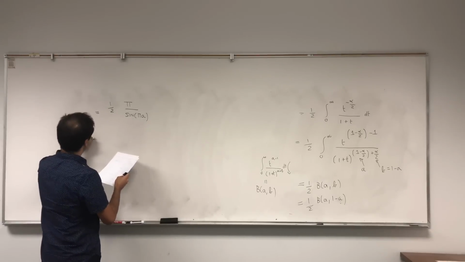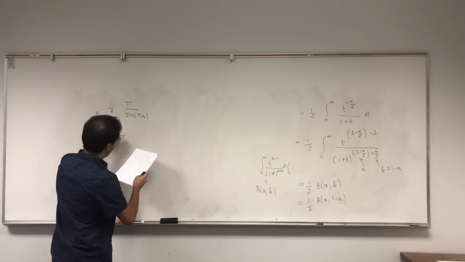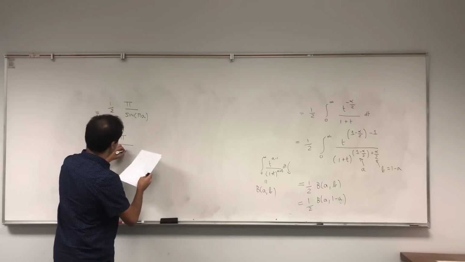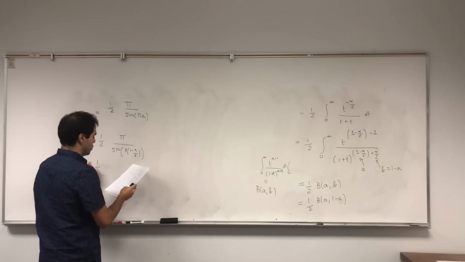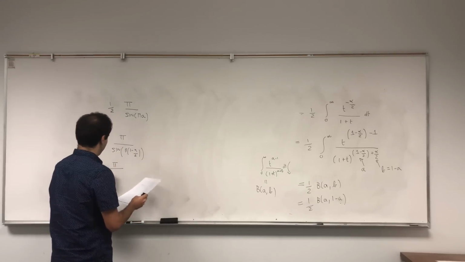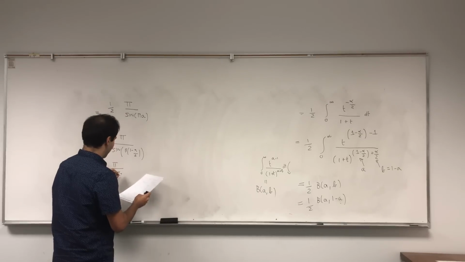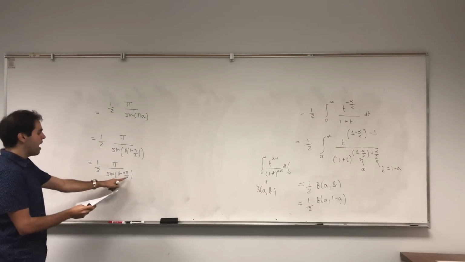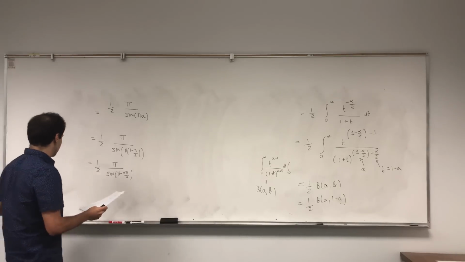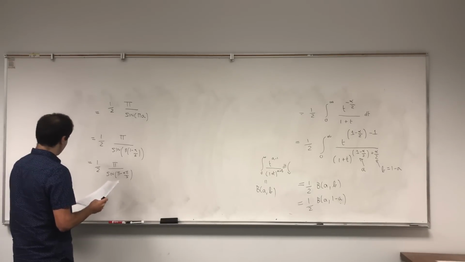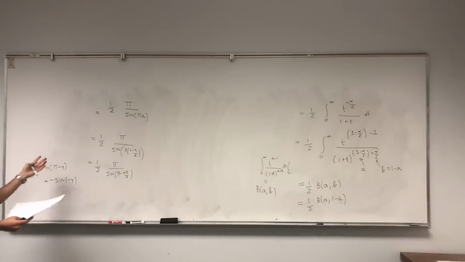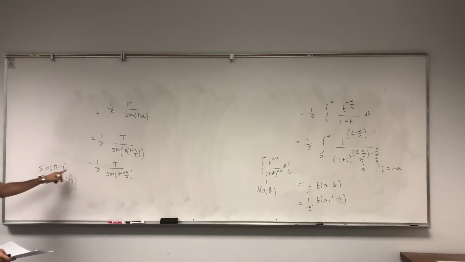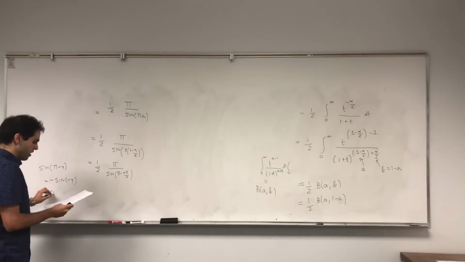All right, but now let's simplify this further. So this is pi over sine of pi times 1 minus alpha over 2, and then that's 1/2 pi over sine of pi minus pi alpha over 2. And remember, sine of pi minus y, using the addition formula for sines, is just sine of y.